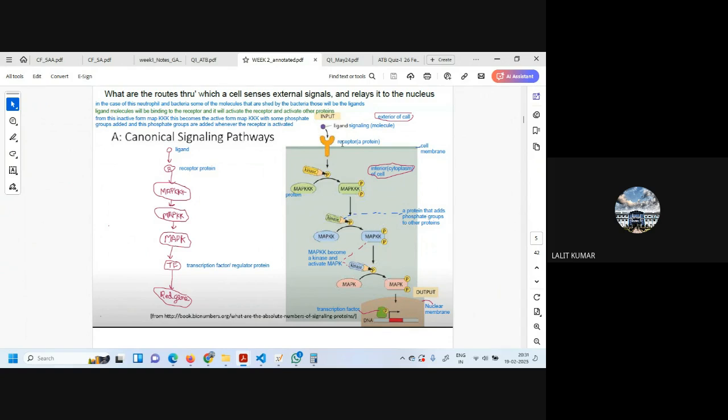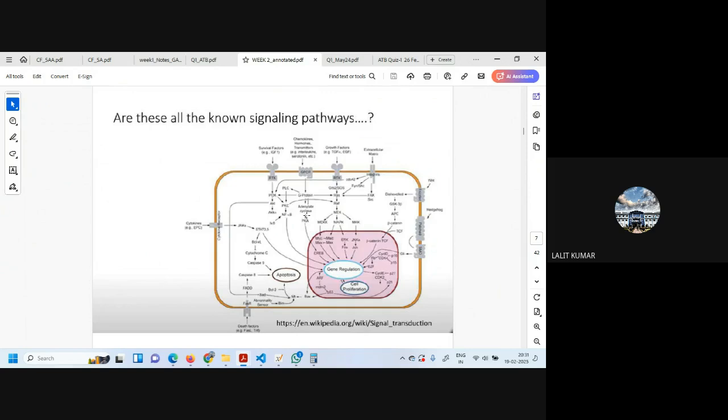This is the input and this is the output, and this is the nuclear membrane. These are the various paths. From any point to any point, it can take this path also, but the most simple path will be the one it takes.